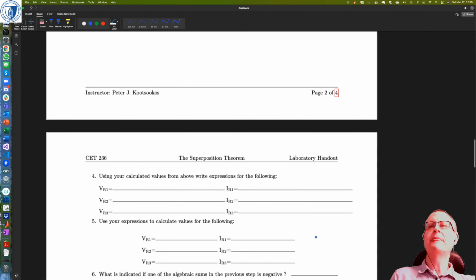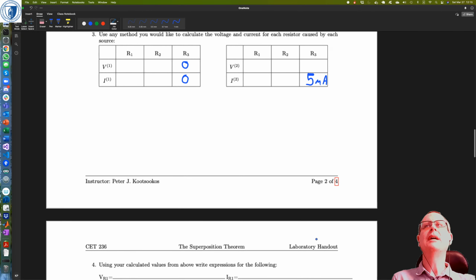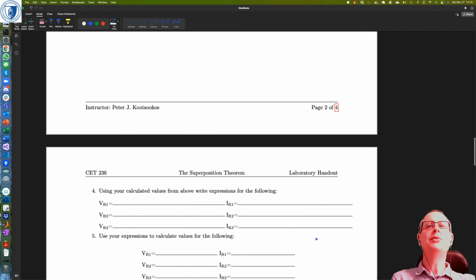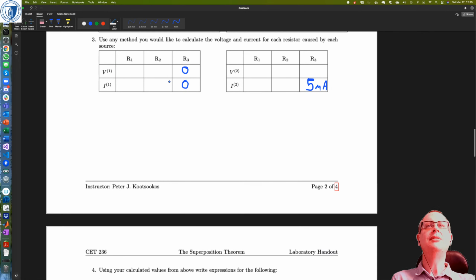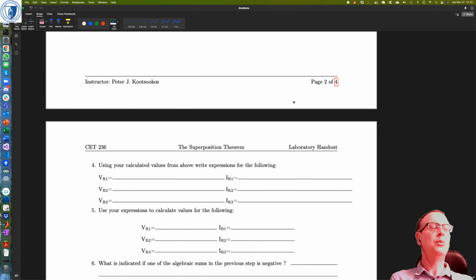And now what this one is asking is to write the total VR1 in terms of the numbers in these two tables, but in terms of the general expression. So that's just VR1 1 plus VR1 2.